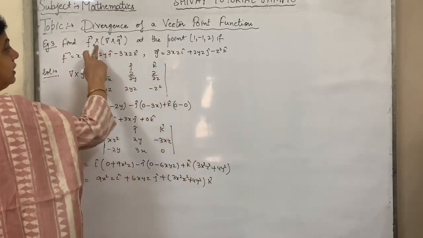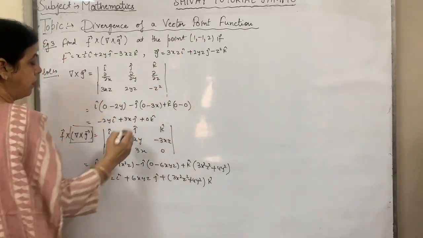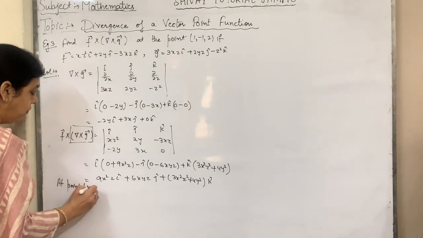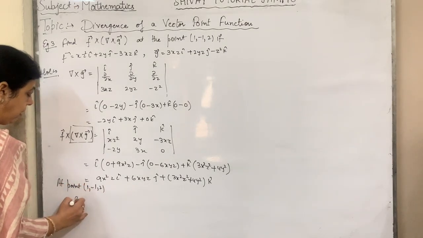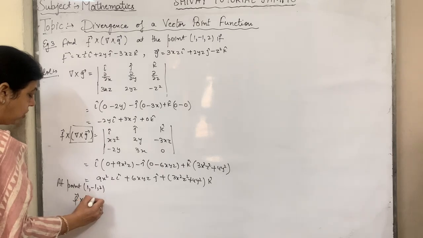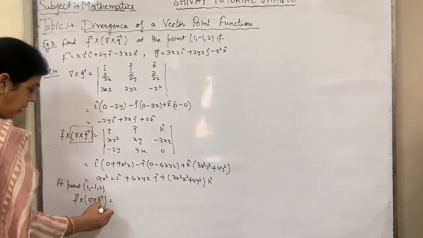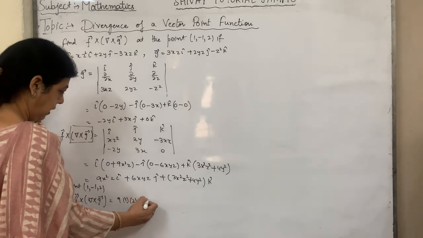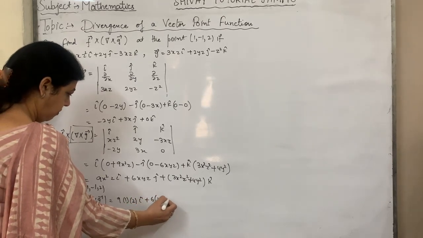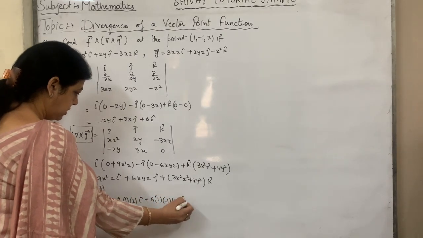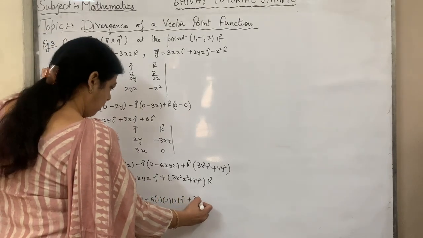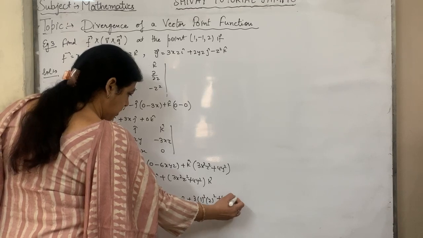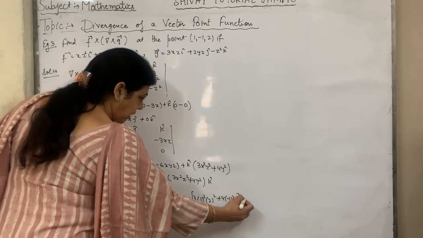Now we have to find this at the point (1, -1, 2): f cross del cross g. Then it will become 9, 1, 2 with i, 6, 1, -1, 2 with j, and 3, 1 square, 2 square plus 4, -1 square with k.